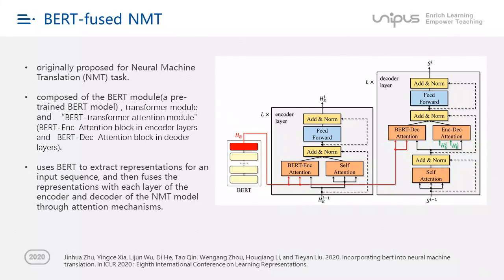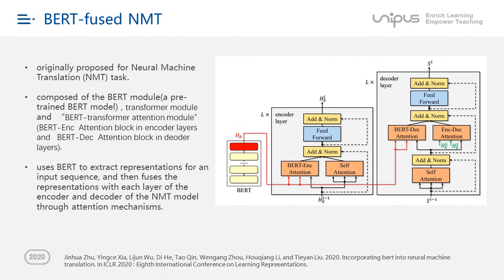We call this transformer structure the transformer module. So a BERT-fused model can be divided into three modules: the transformer module, the BERT attention module, and the BERT module.